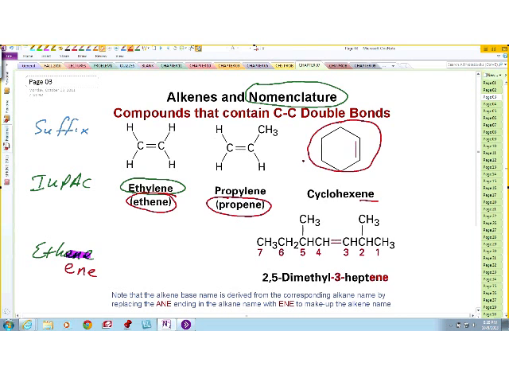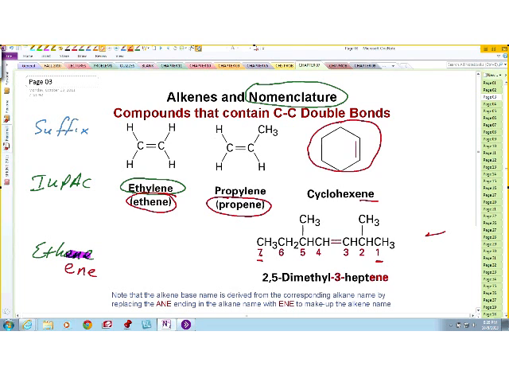Now, supposing we have a more complex alkene molecule, just as we have here. To name this, just as the same set of rules that we gave you for alkanes, we look for the longest carbon chain that contains the carbon-carbon double bond. Keep that in mind. Look for the longest carbon chain containing the carbon-carbon double bond. In this case, the longest carbon chain is 7 carbon atoms, going from here to here.